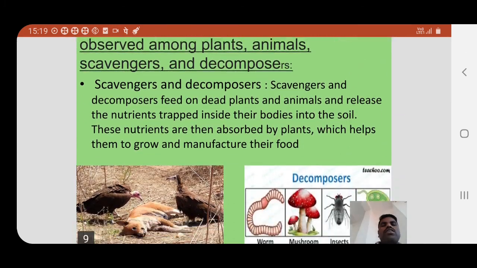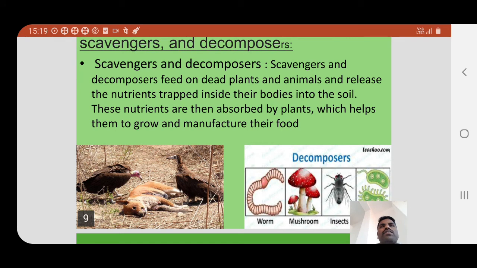Next, we'll go to the scavengers and decomposers. What are scavengers and what are decomposers? Scavengers we see in daily life: vulture, haddu. Scavengers also take food, but they take only dead bodies, meaning they eat the flesh of dead animals.